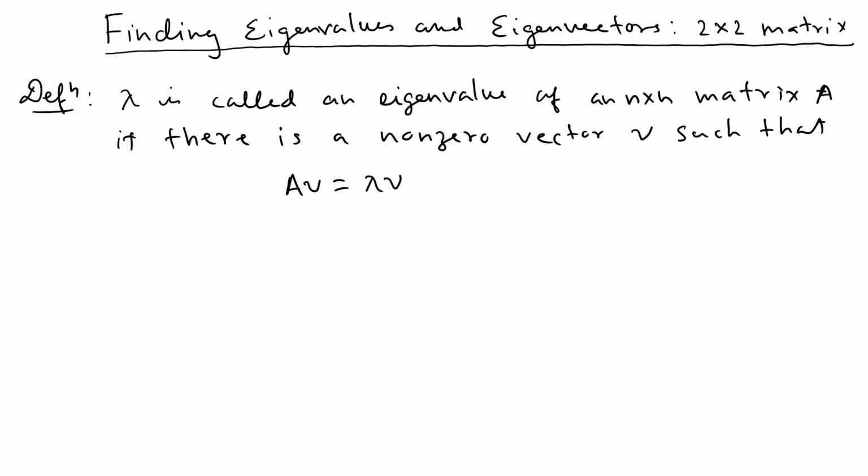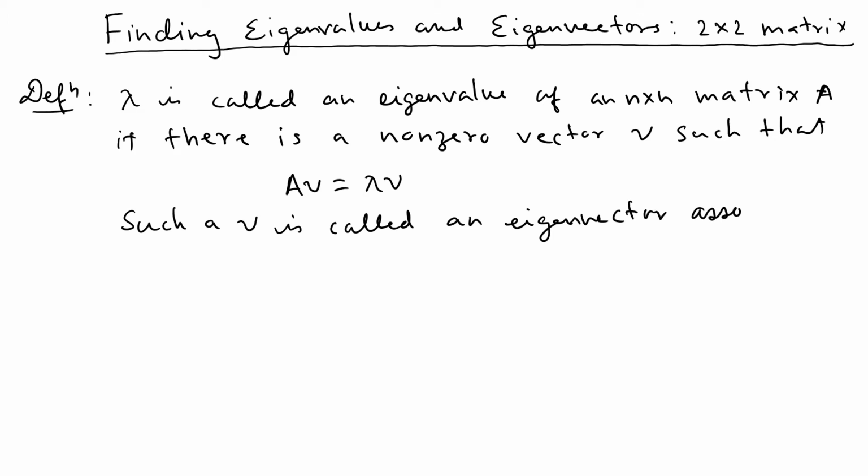So such a v is called an eigenvector associated with the eigenvalue lambda.